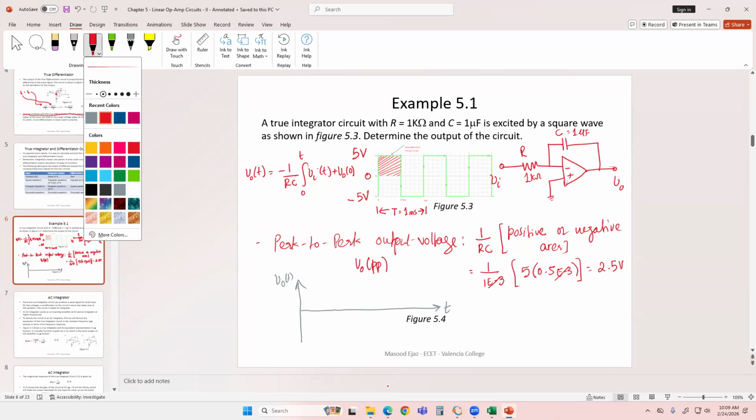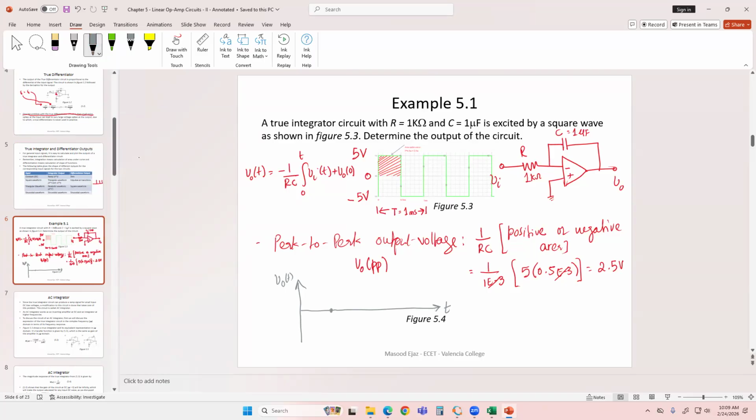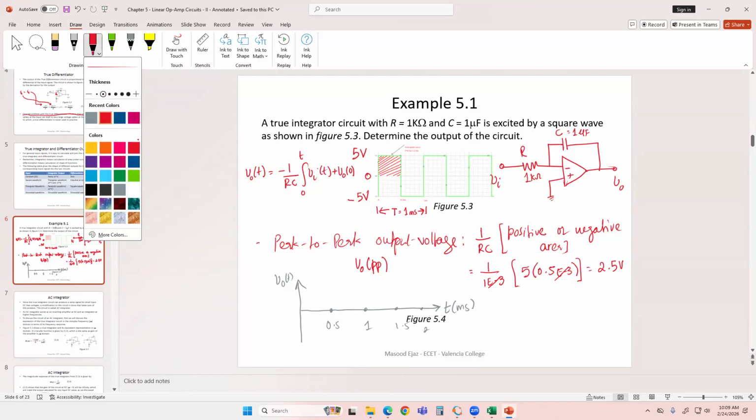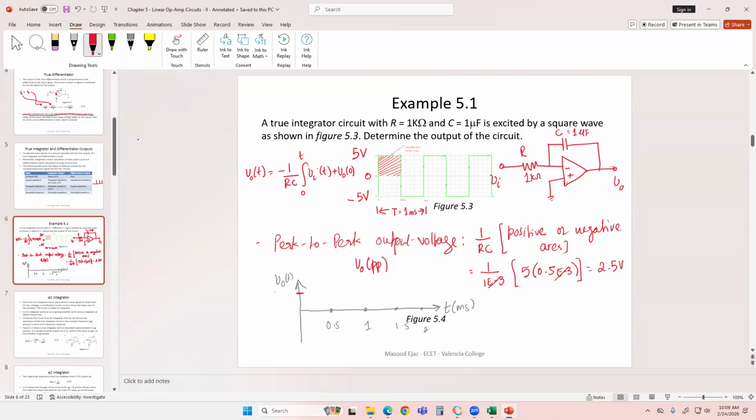So if I have 0.5 millisecond, 1 millisecond, 1.5, let's say this t is in millisecond. 1.25, and yes, because of this negative 1 over RC.